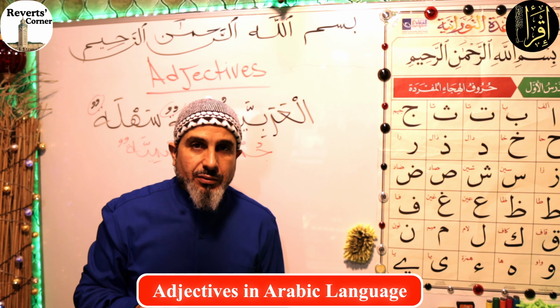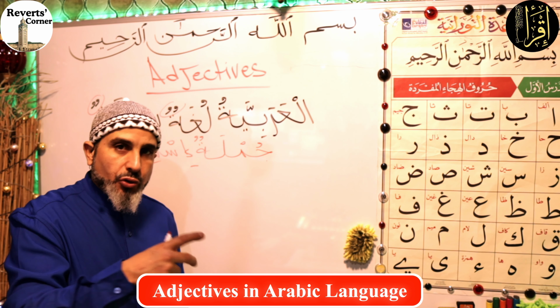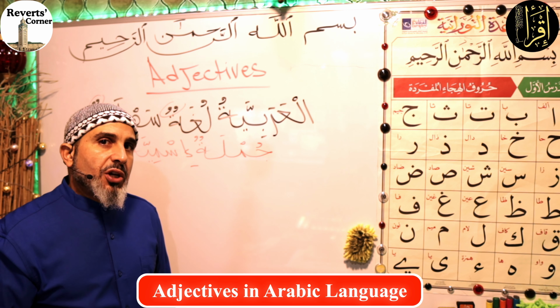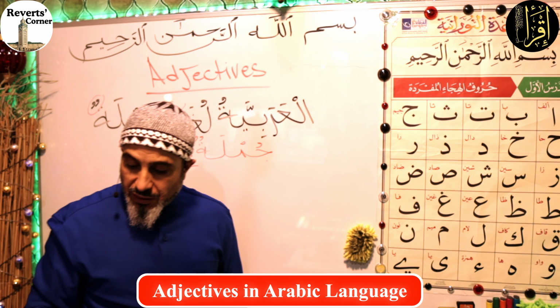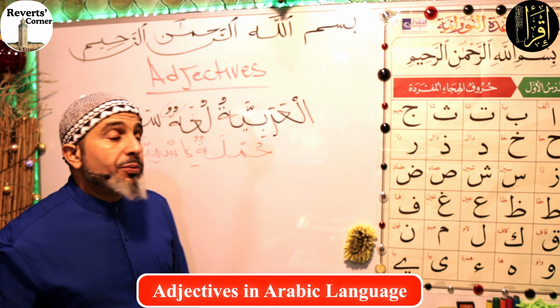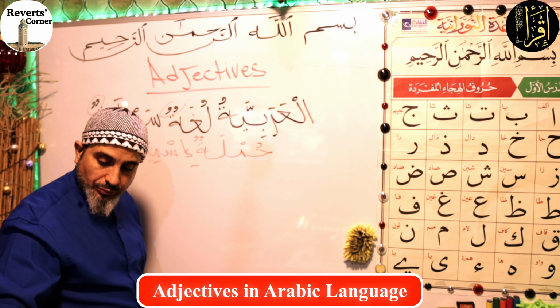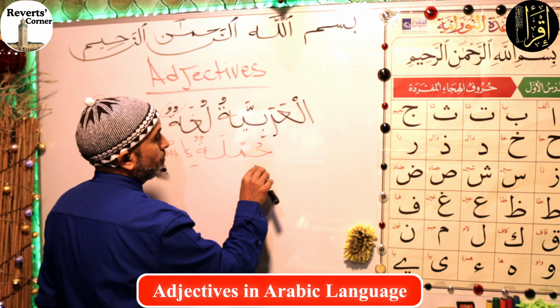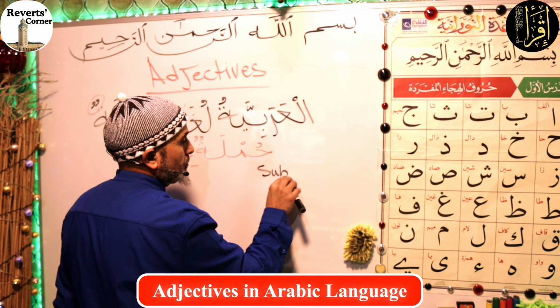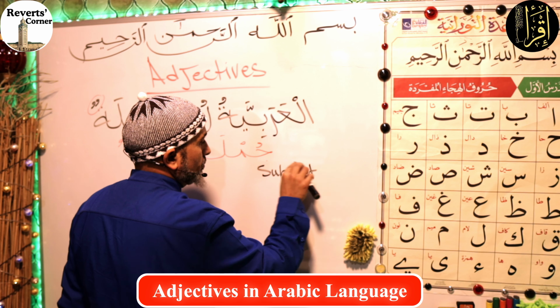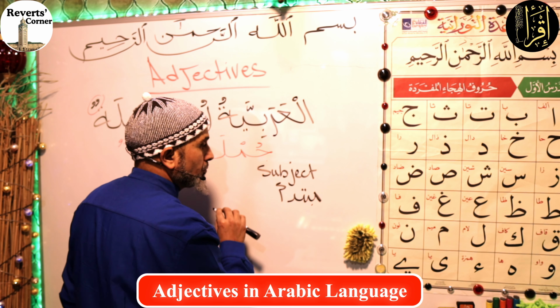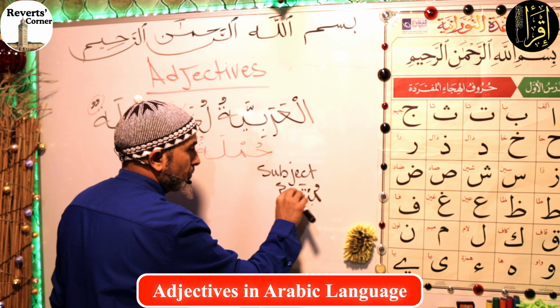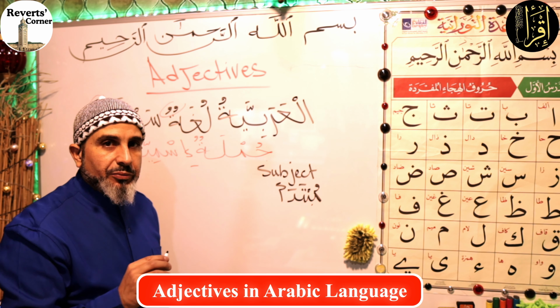Nominal sentence, jumla ismiya, is composed of two parts. The subject, called in Arabic mubtada. You follow me?